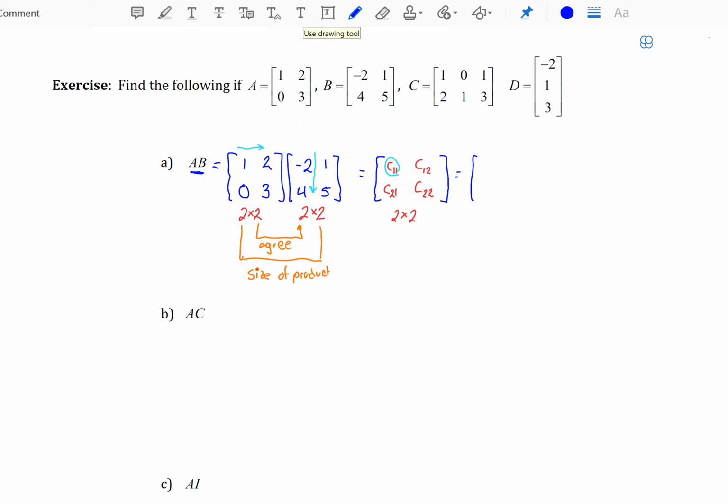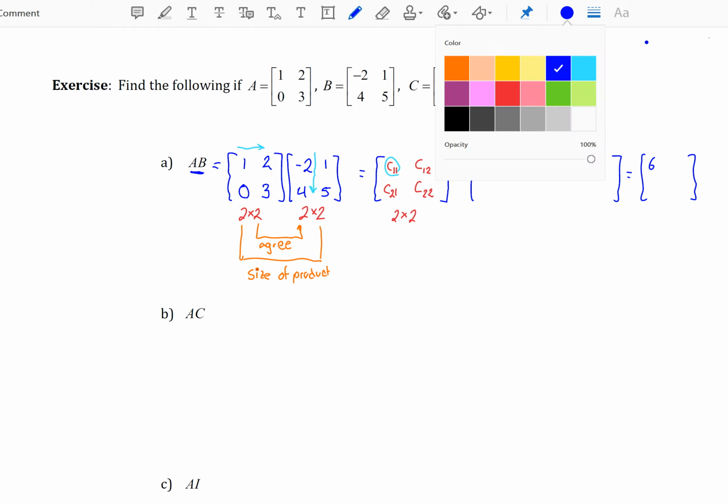So this is going to be 1 times negative 2 plus 2 times 4. If I get this right, I think this should be 6. One times negative 2 is negative 2. 2 times 4 is 8. Okay, let's continue.